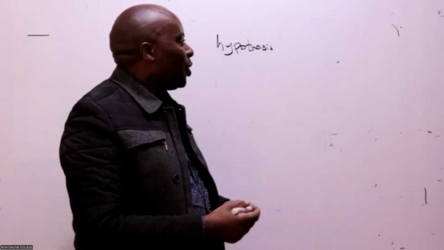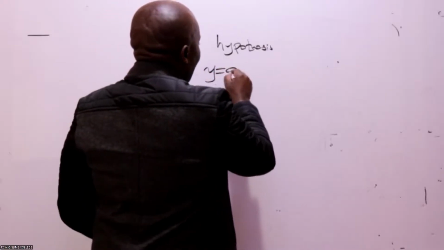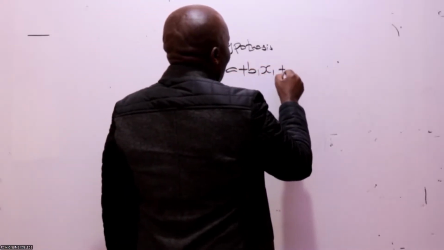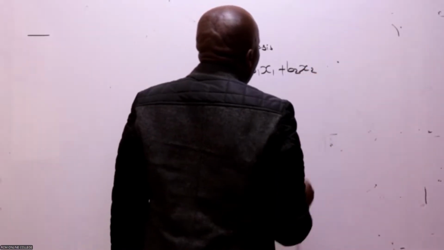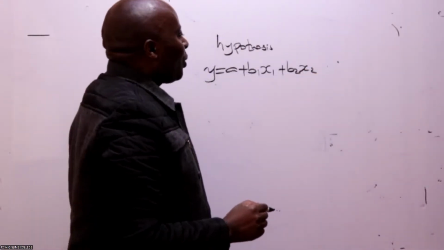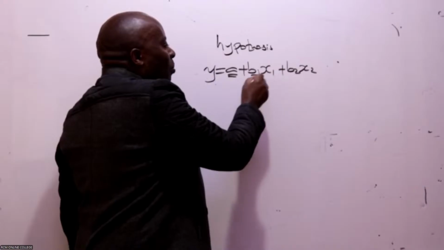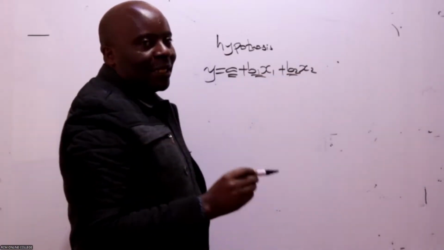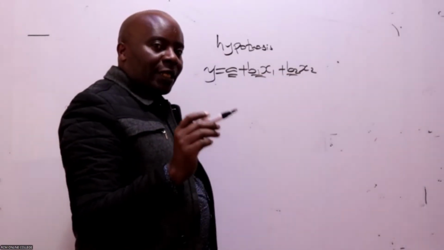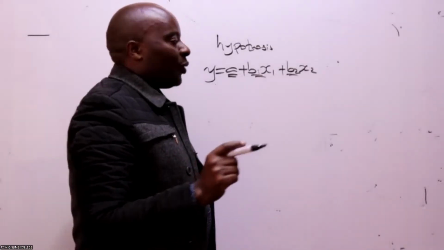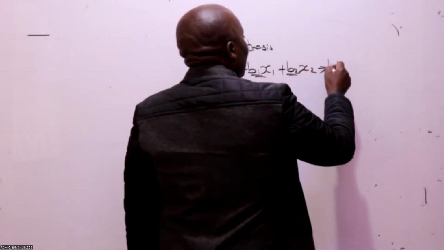An equation is y equals a plus b1 x1 plus b2 x2. If you look at individual components and how significant they are, you use the T ratio or T statistic.